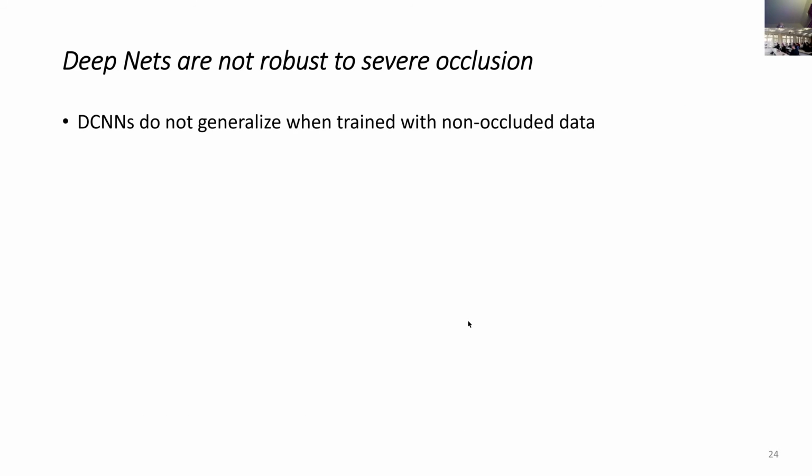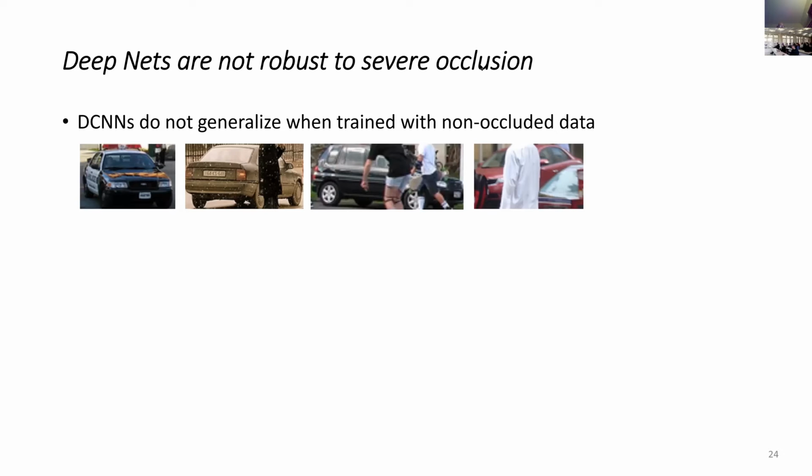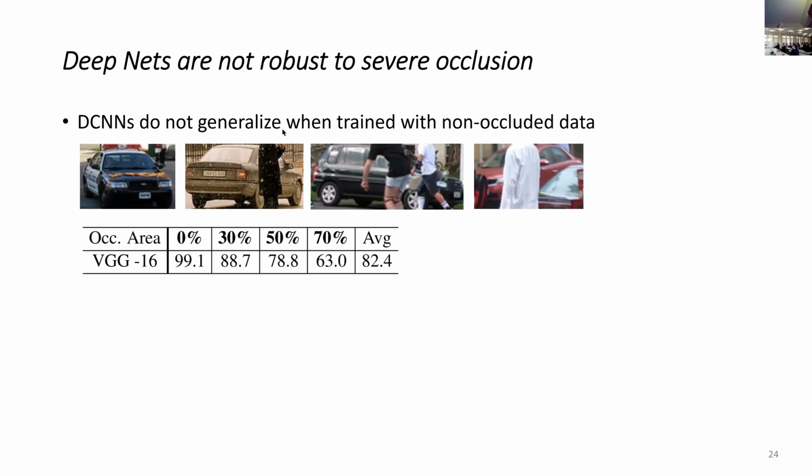So the claim is deep networks are not robust to severe occlusion. They don't generalize when you train them with non-occluded data. Now, in a sense, this isn't fair because deep networks are regression methods.